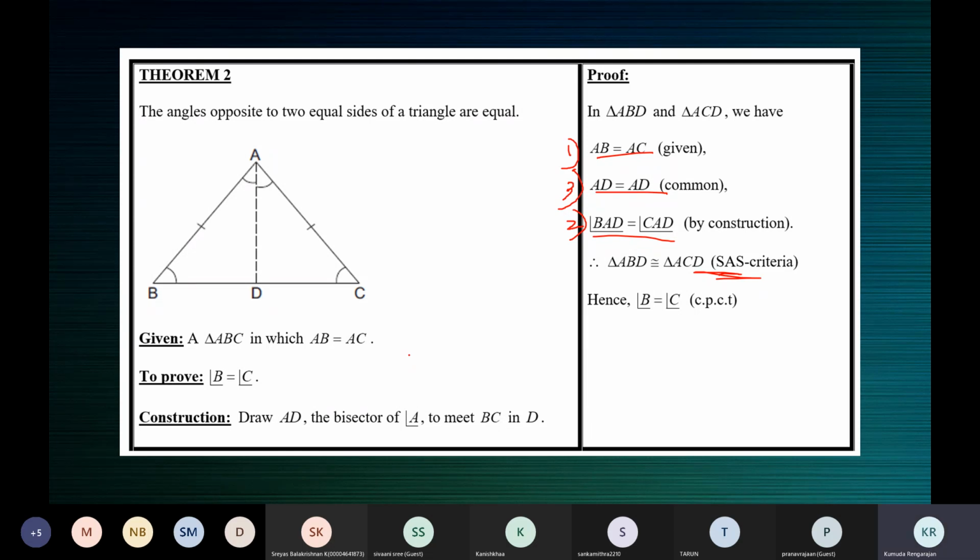Let me ask somebody else because I did mention that. Who can answer his question? Shreyas' question is, how do we know which order we should write the equalities, because only after writing do we know the congruence rule.